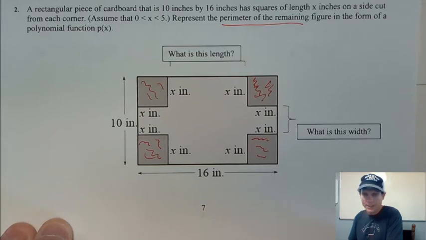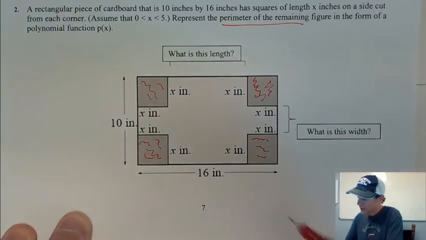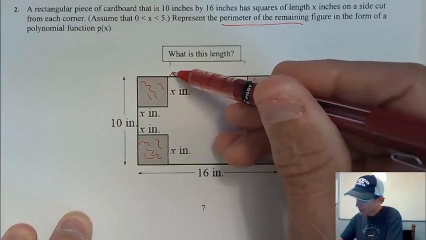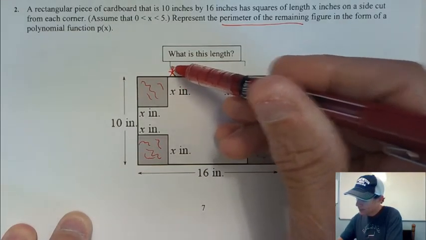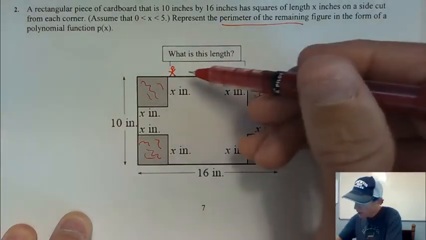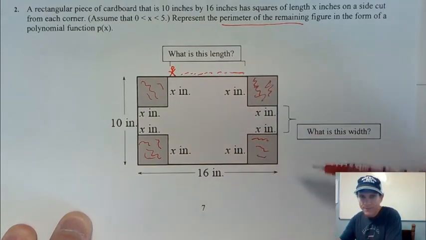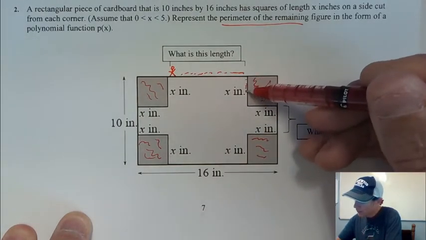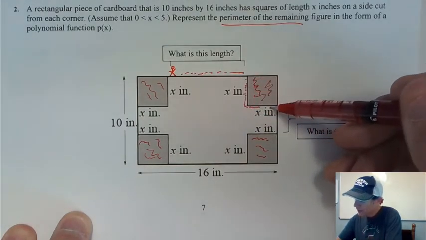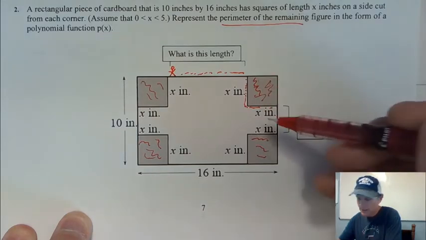So when I think about perimeter, I think about walking or measuring around the outside of the figure. If I started right here, and that's me, little stick figure me, and walked around this figure, I would walk here, and then I'd have to turn and walk down here and this way, because I'm not walking around this because it's cut out.